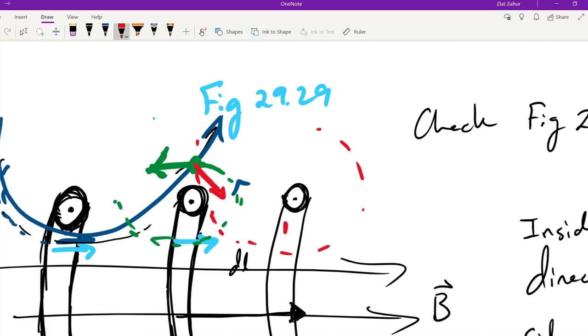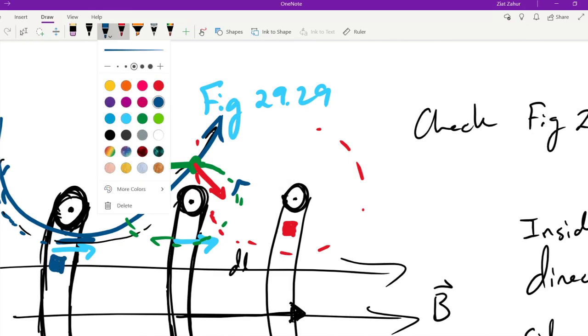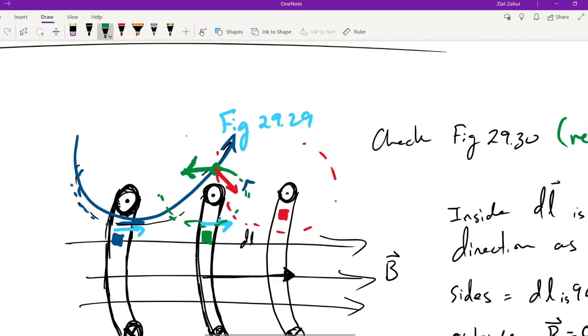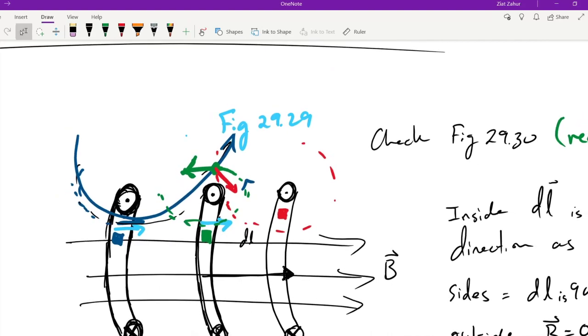So red is from this loop here, blue is from the first loop, and green is from the second loop. Okay, so the green leftward arrow cancels out the two X components from the blue one and the red one. And of course the Y components cancel each other out anyway, giving you 0, a B field outside.